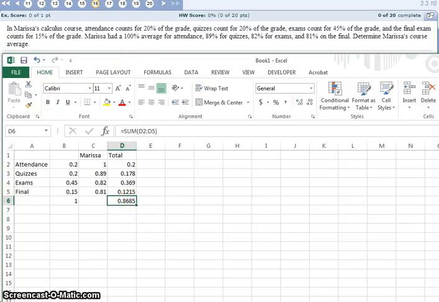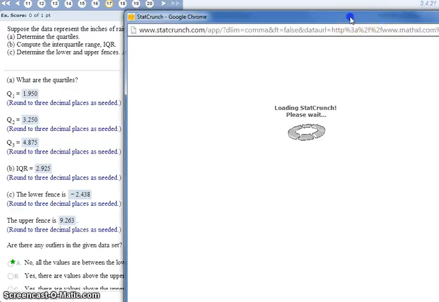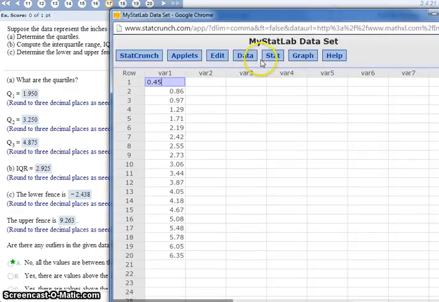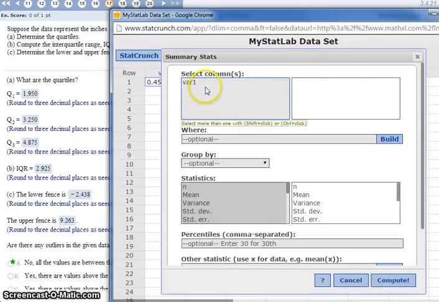And that's number 6. For this data, we're going to find the quartiles and some information in parts B and C as well. But start just opening it up in StatCrunch. And we're going to do a summary stat on our column. And so that's the column we have.